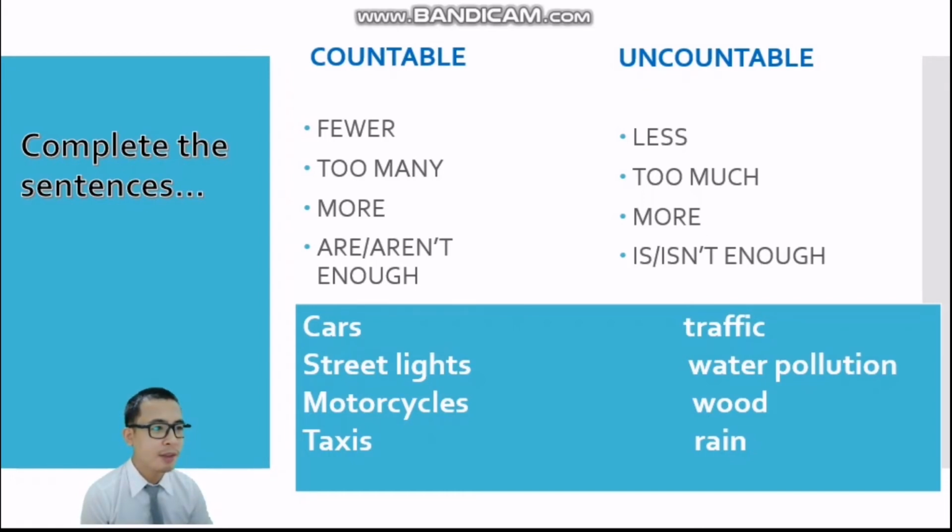And the quantifiers for uncountable nouns are less, too much, more, is or isn't enough. I will be showing you different pictures from this box, and I want you to complete the sentence. Are you ready? Okay, I will only give you 10 seconds to finish your answer. If you're ready, let's start.